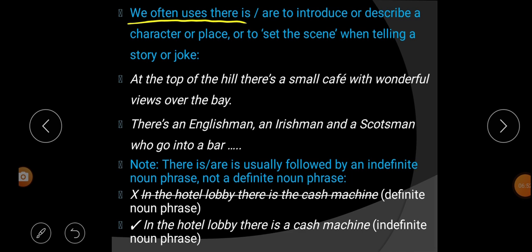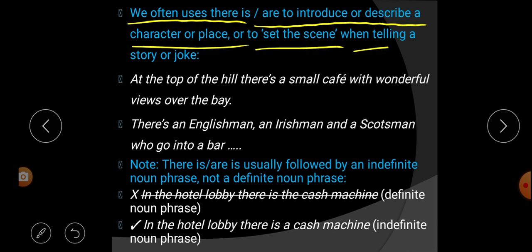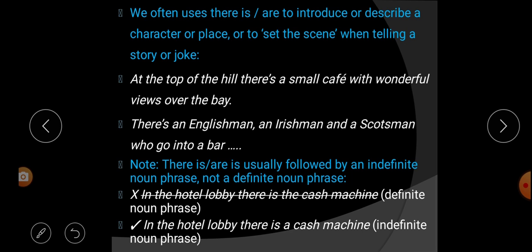We often use there is or are to introduce or describe a character or a place, or to set the scene when telling a story or joke. So what does this rule say? This rule says that we often use there and is or are for what?